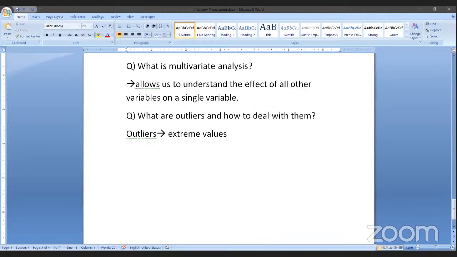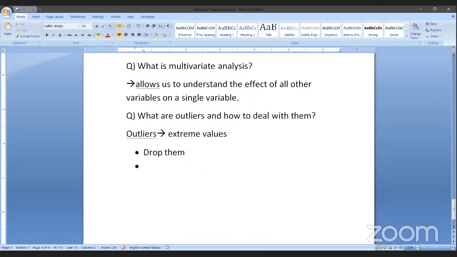Correct, Power. So, we can drop them if they are too extreme and we cannot normalize them, we will drop them.